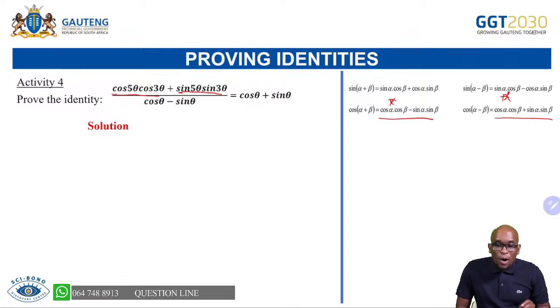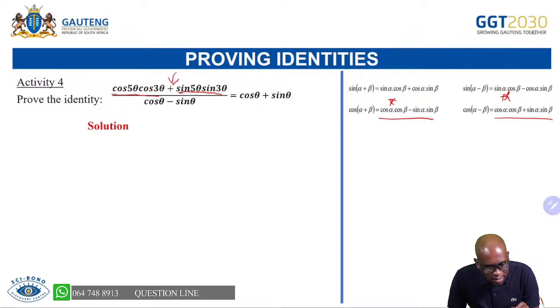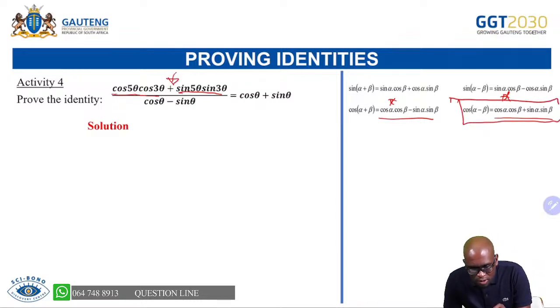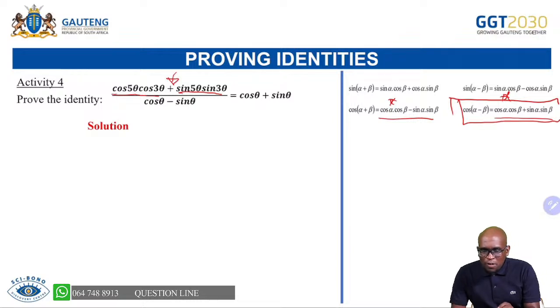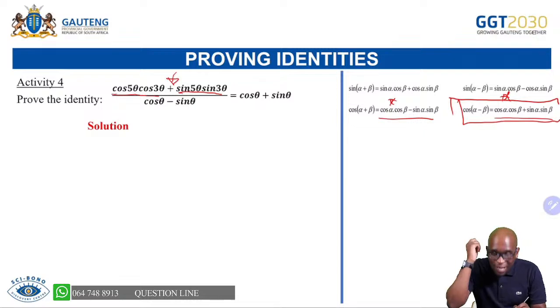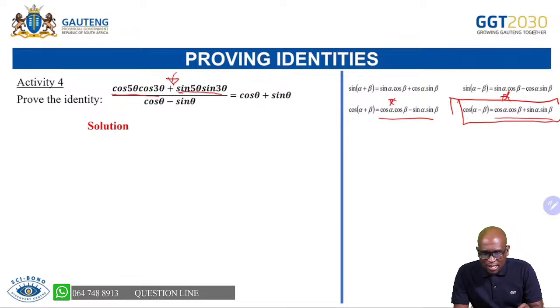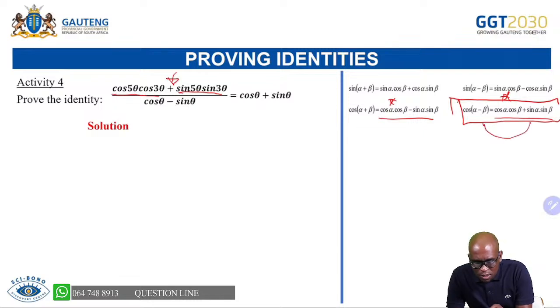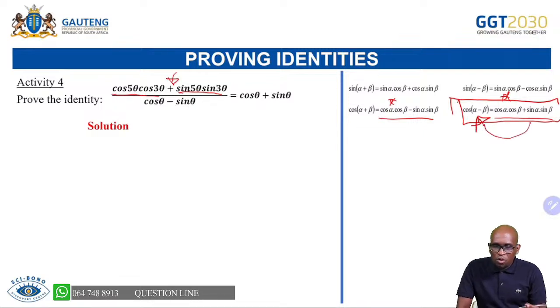Now let's check what will determine the sign. This is positive, which means that it is exactly this formula there. So if it's cos of the first angle times cos of the second angle plus sine of the first angle times sine of the second angle, this must be reduced to what? Cos of the first angle minus the second angle.